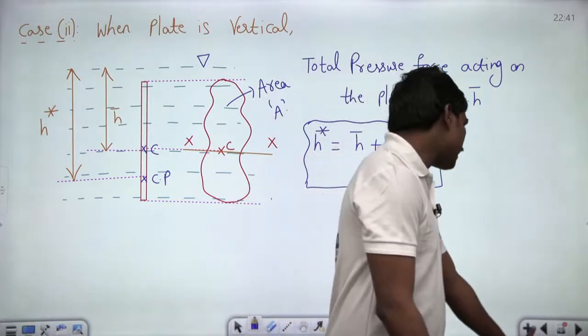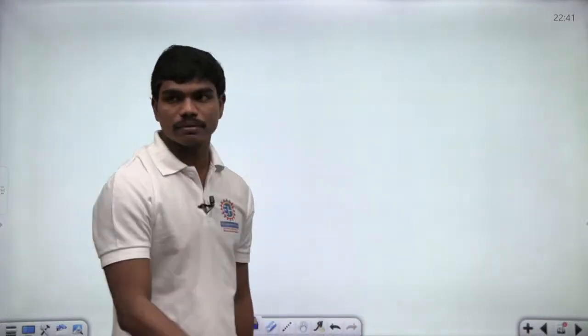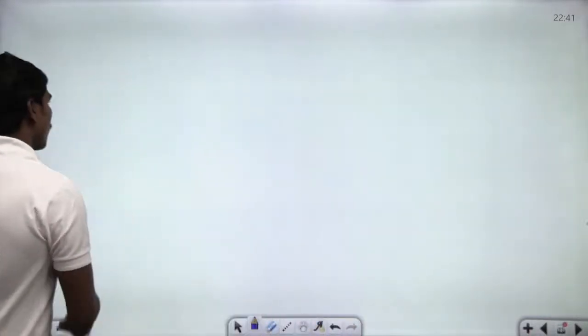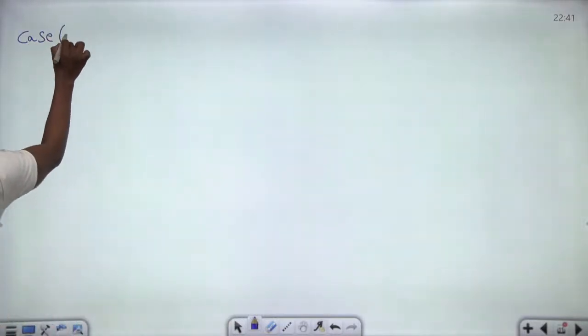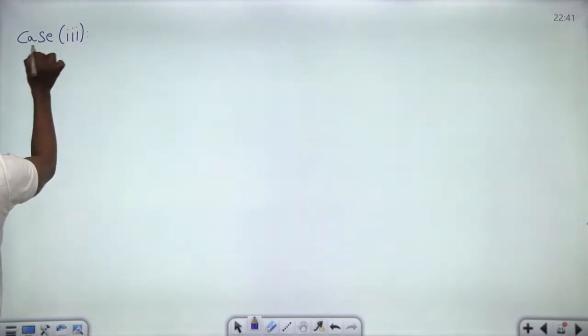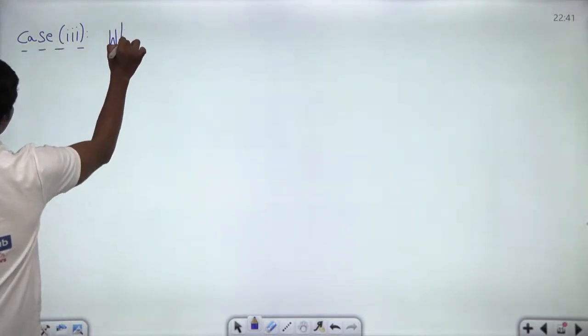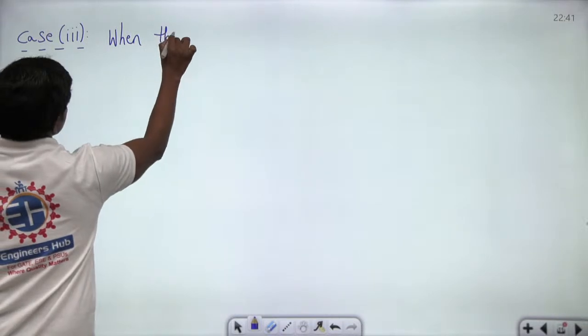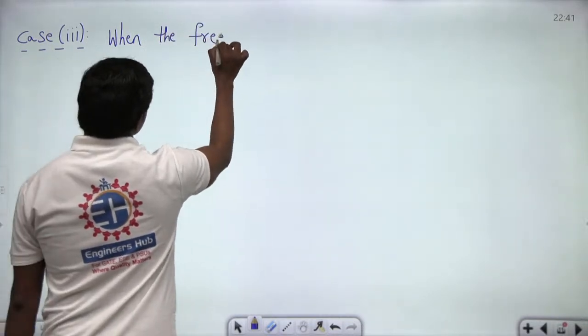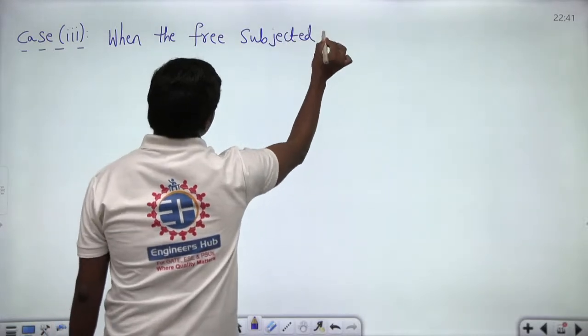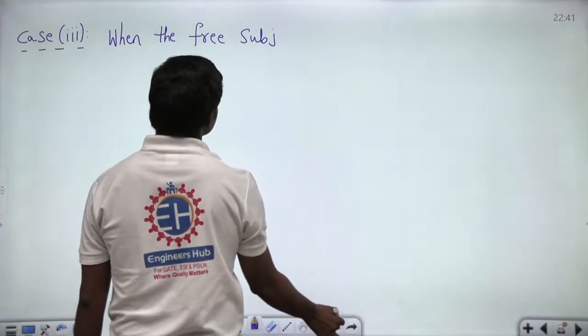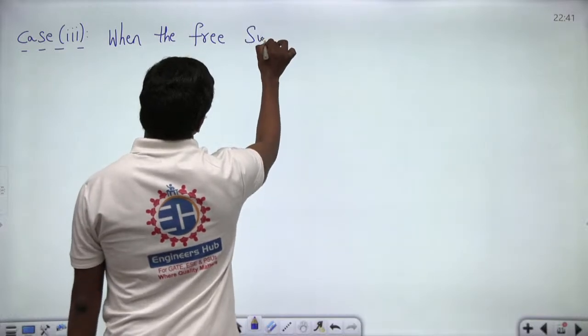Now let us take one special case before leaving, because we have some 5 minutes of time. So let us talk about one more case. Case 3. When the free surface is subjected to some external pressure.